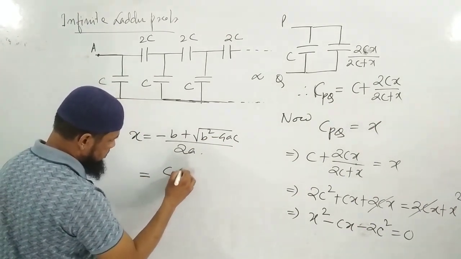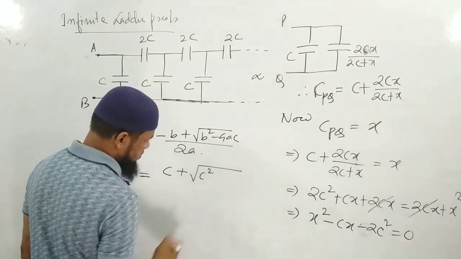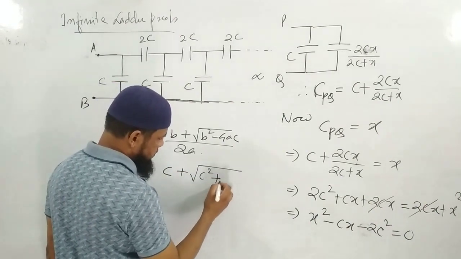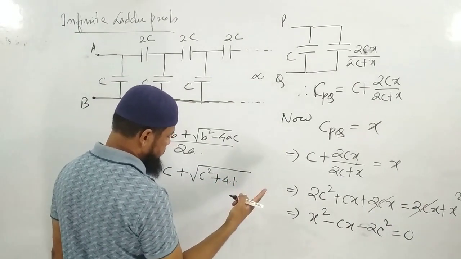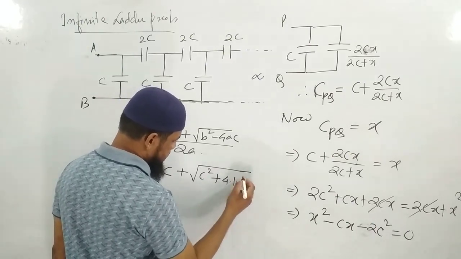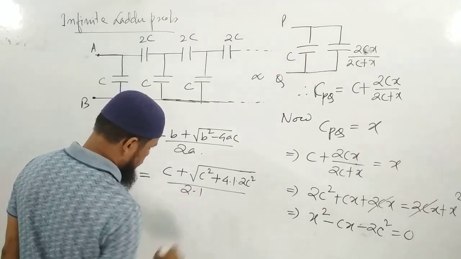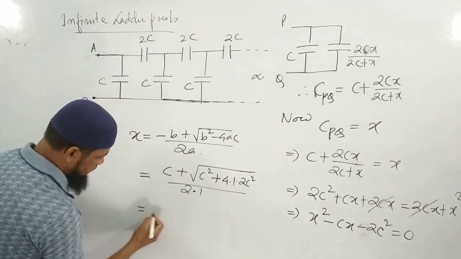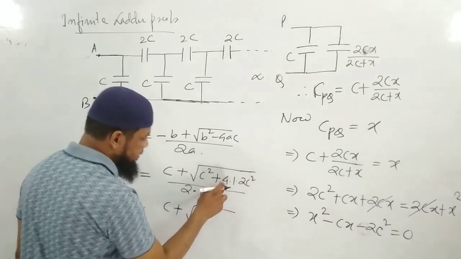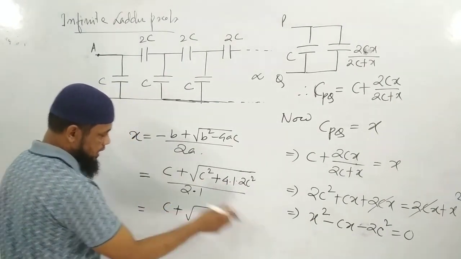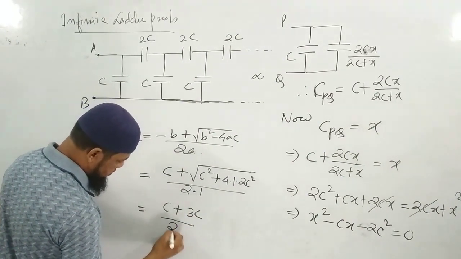Minus plus C, B square means C square, plus 4, A is 1, and for AC it is 2C square, divided by 2 into 1. Right, like this you proceed. C plus, how much will it become? 1 plus 8 is 9. Square root of 9C square will give you 3C divided by 2.